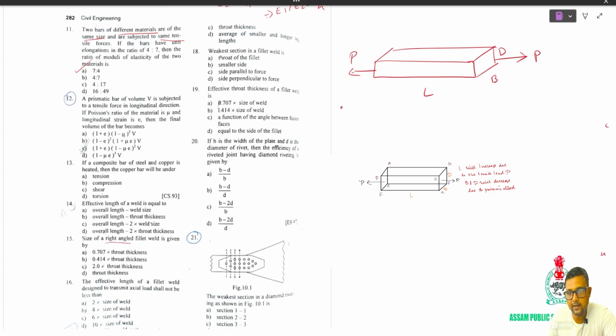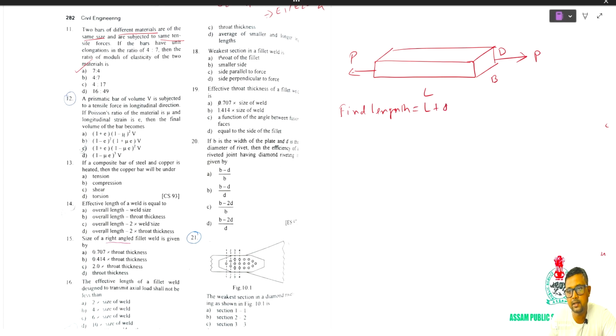The final length is L plus del L, because the length will increase. The final breadth is B minus del B, and the final depth is D minus del D.